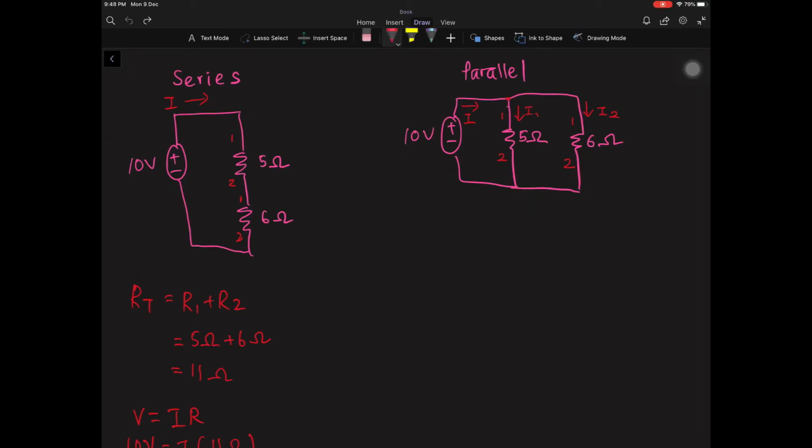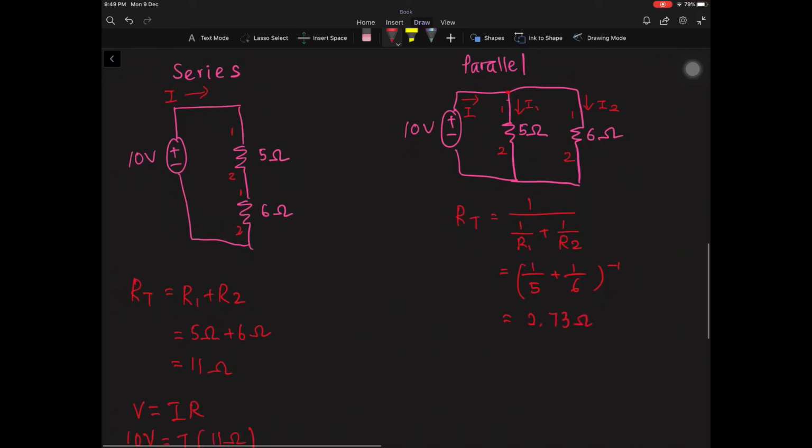So, to find the total resistance, RT will become (1 over R1 plus 1 over R2) to the power of negative 1. So it will become (1 over 5 plus 1 over 6) to the power of negative 1. So the total resistance is equal to 2.73 ohm.